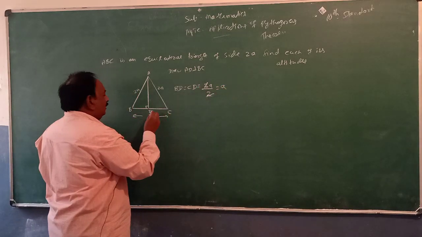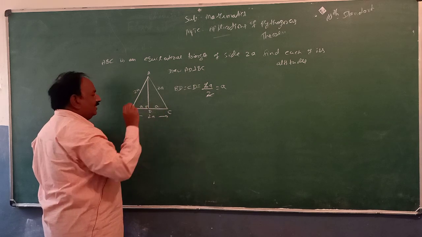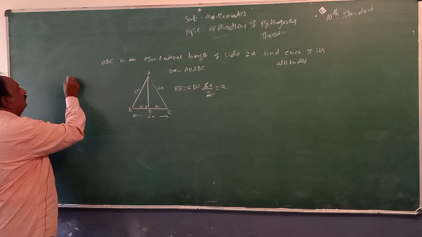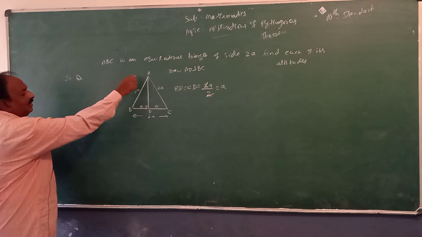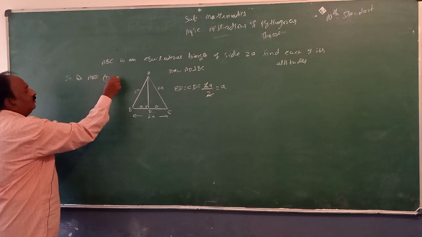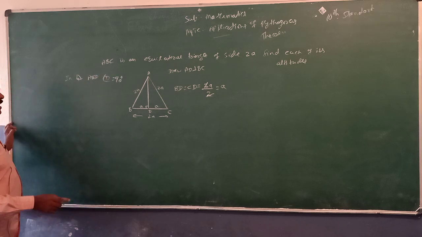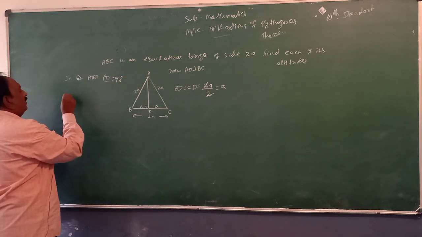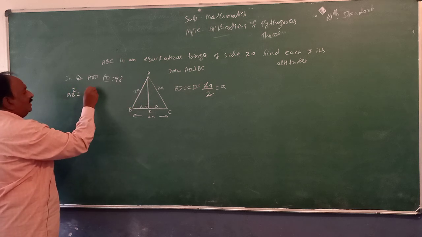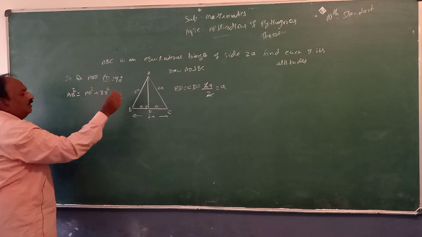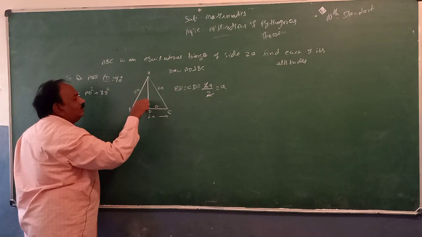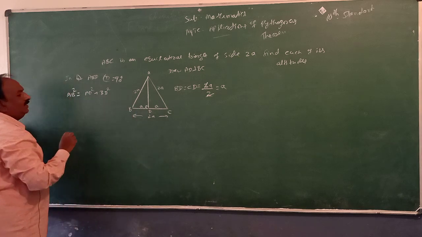What do you get? A. This is A. This is A. In the right angle triangle ABD, angle D is equal to 90 degrees. Applying Pythagoras, AB squared is equal to AD square plus BD square. Application of Pythagoras. This is 90 degrees. AB squared is equal to AD square plus BD square.